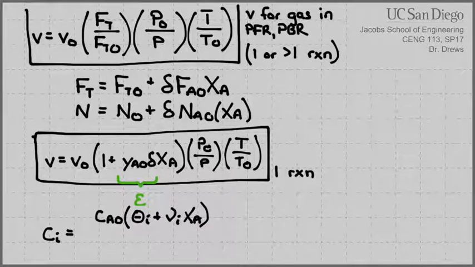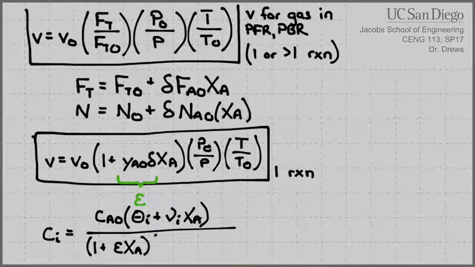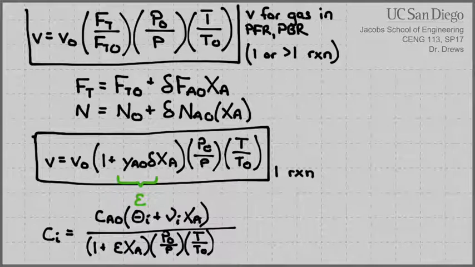As soon as you see the X, that should be a big flag that says this is only good for a single reaction. Over 1 plus epsilon times X_A, times those two pressure and temperature terms, P0 over P and T over T0. Right, that's the general form.